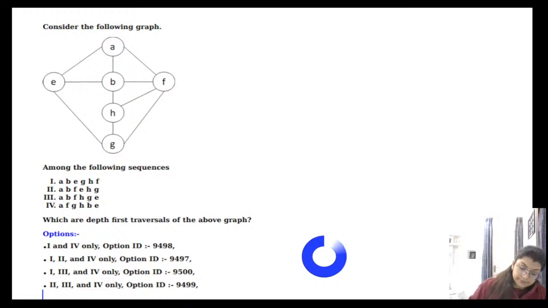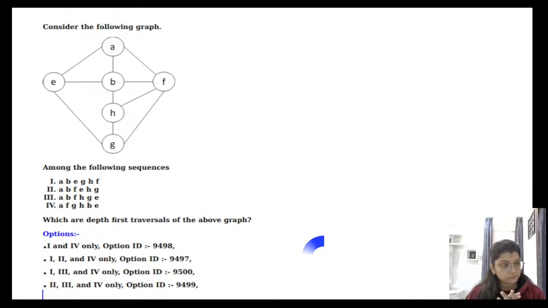This is depth first traversal, okay? Right? So let's check these options first.